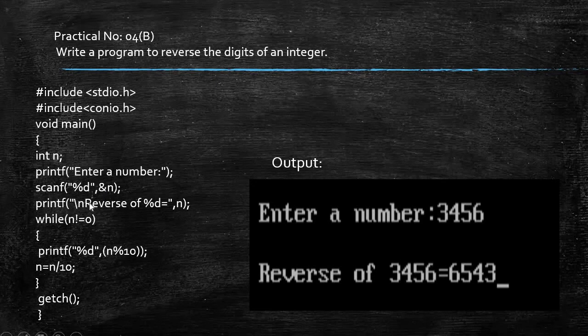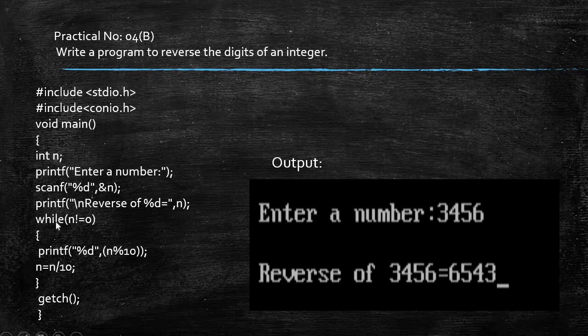Now this printf statement will print as it is, that is, reverse of %d. %d is my format specifier. So whichever number the user enters through the n variable gets stored within this format specifier. Getting it? So that's why this comma n is there.